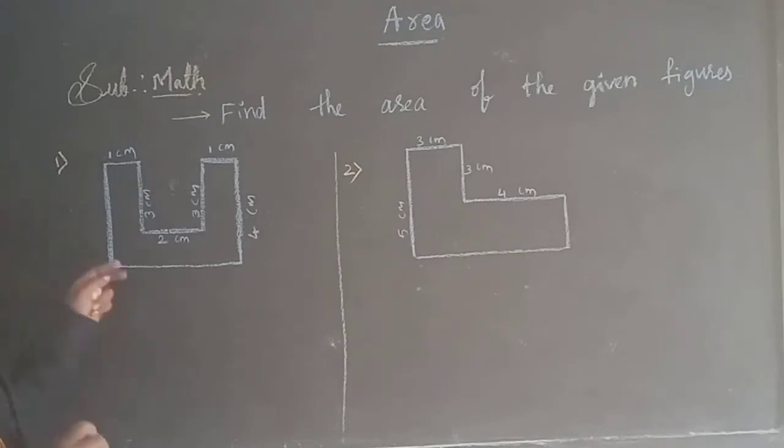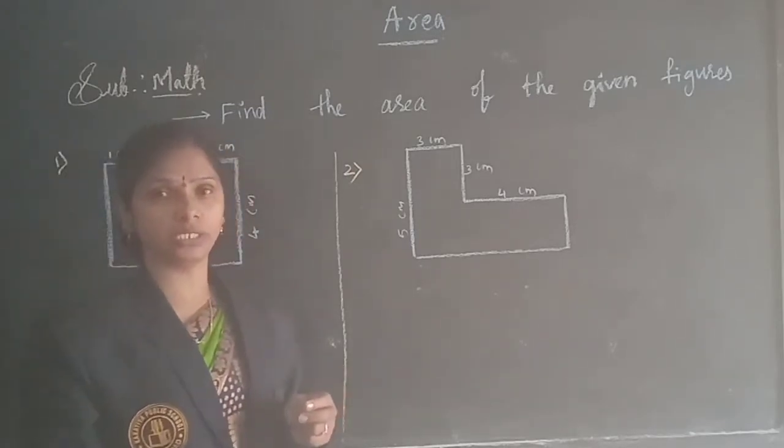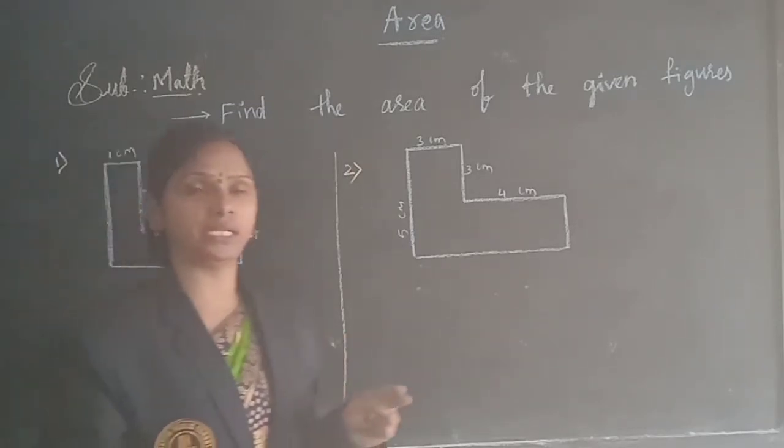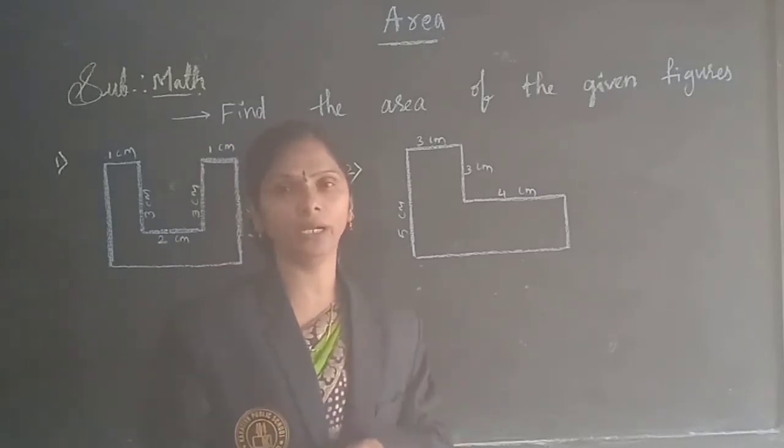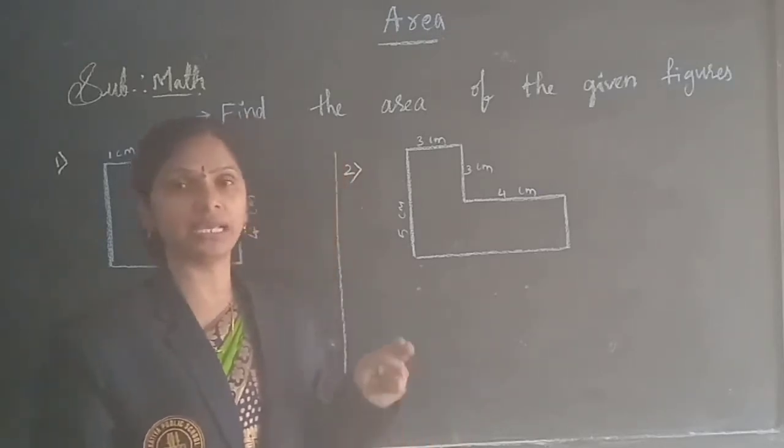Already I told you yesterday, the area of a rectangle formula is length into breadth, and the area of a square formula is a square.